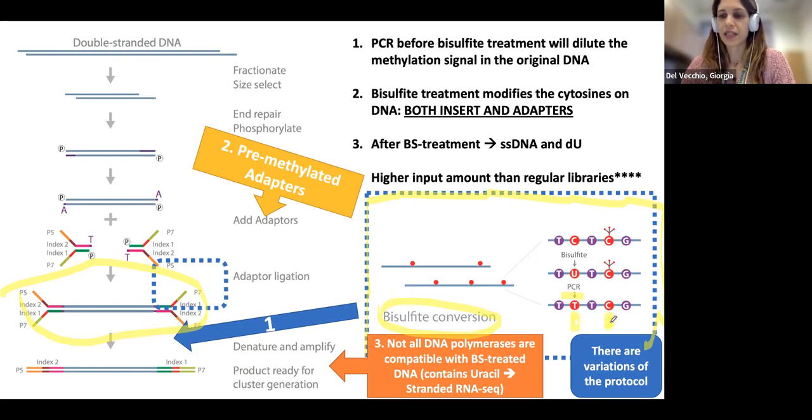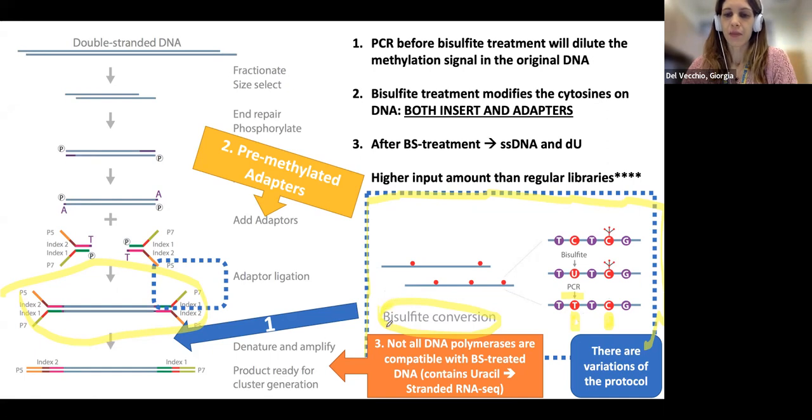If we still see a cytosine, it means that this cytosine was methylated. So this is how we will get the information on which cytosine was methylated and which cytosine was not.